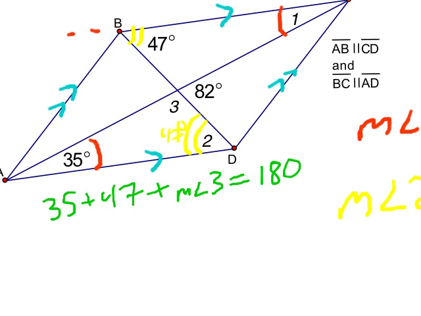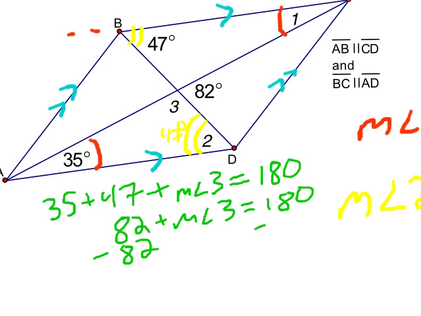If I combine like terms, 35 plus 47 is 82, plus the measure of angle 3 equals 180. Solving for angle 3, I subtract 82, and the measure of angle 3 equals 98 degrees.